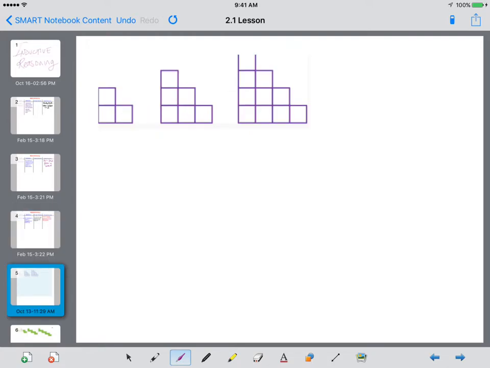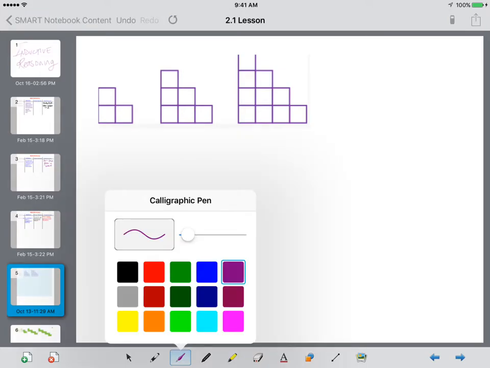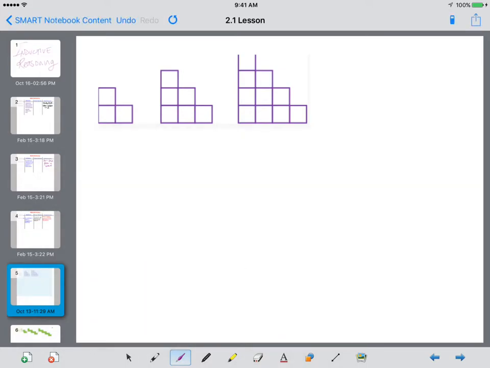When we use our inductive reasoning skills, we look at making predictions, and it's all based on your observations. So if we observe this pattern, the next shape, if we want to see what would the next shape be, I would draw this.